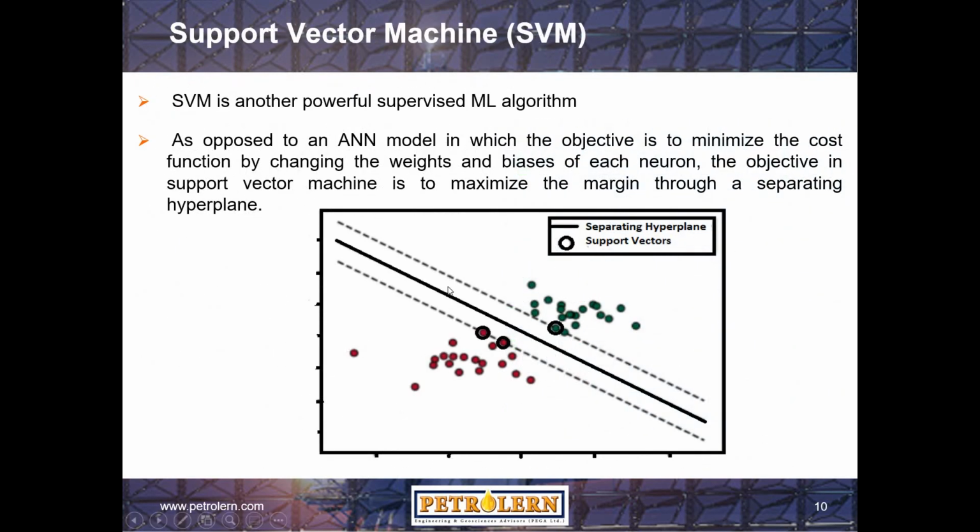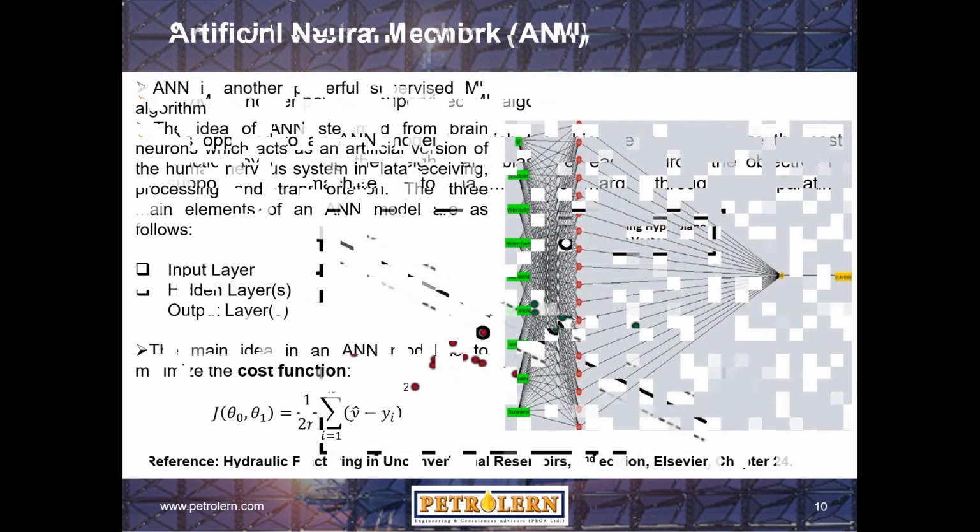But you want to draw it in a manner that the distance from here to here and from these support vectors to the separating hyperplane are maximized. The reason it's called support vectors is because these points that are closest to the separating hyperplane are called support vectors. So that's the idea in a support vector machine, which is a supervised machine learning algorithm.